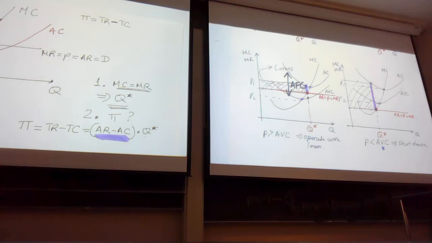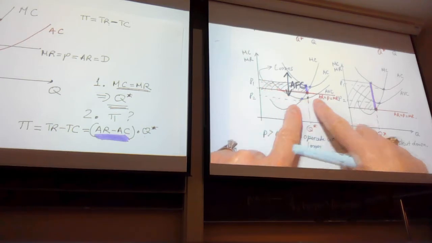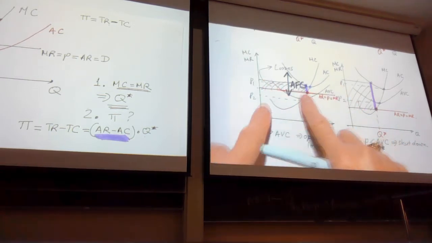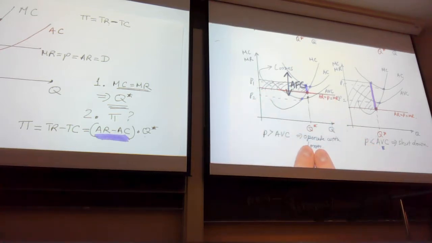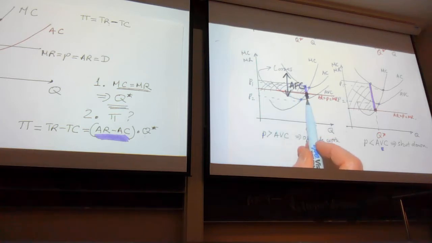You're certainly covering all of your variable costs and some of your fixed costs. All of your variable costs, because the price is above the average variable cost, and some of your fixed. So you're covering this lower part of the fixed. That's what we're saying. We are covering that because the price is above that point.